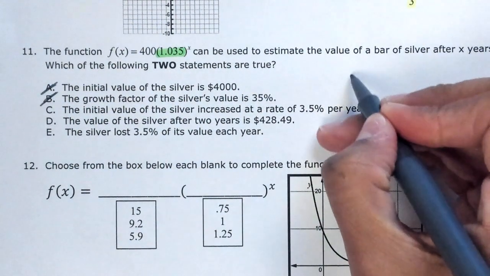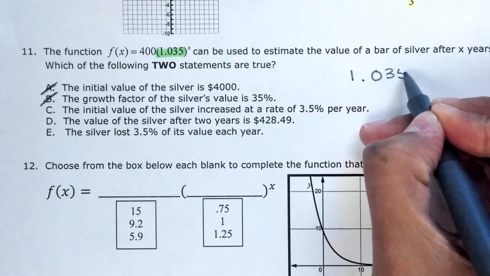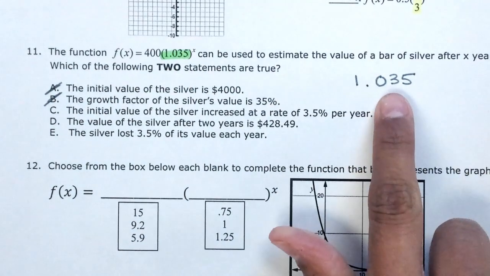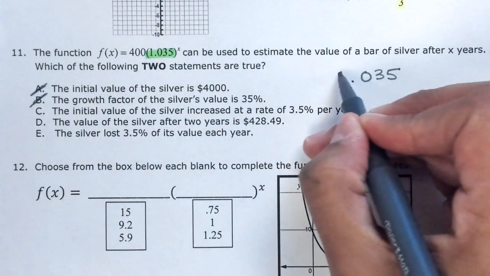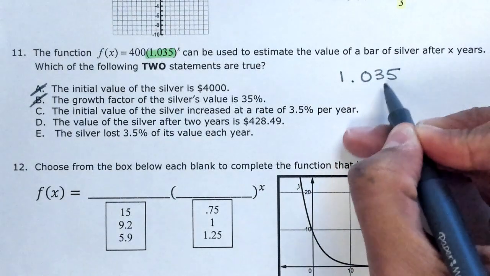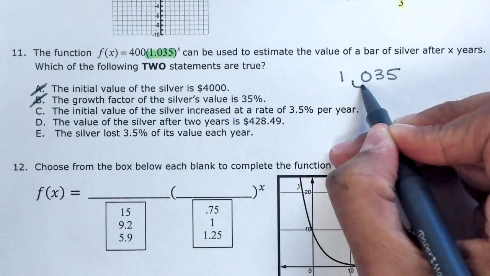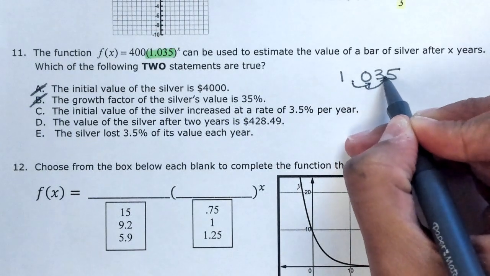I take that 1.035 as a decimal, and to turn it into a percent, we're going to completely disregard this 1 here, to see what I added onto it. We're going to move this decimal forward 2 places right here.